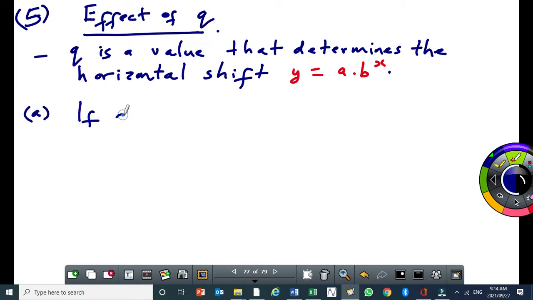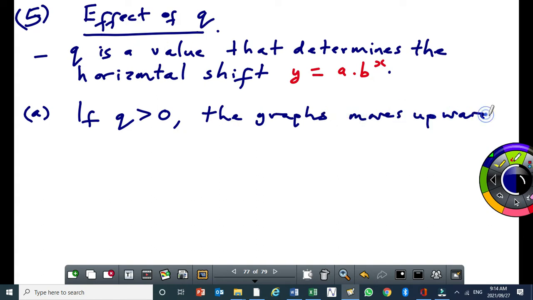if q is greater than 0, the graph moves upwards. Okay, you know this already. And then if q is less than 0, the graph moves downwards.